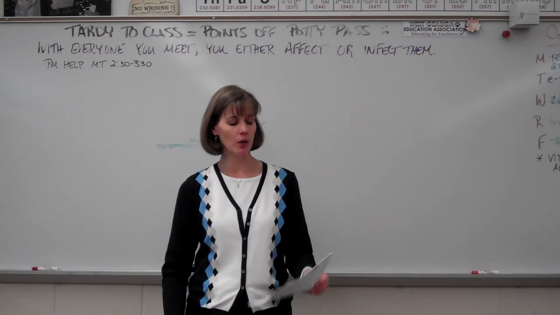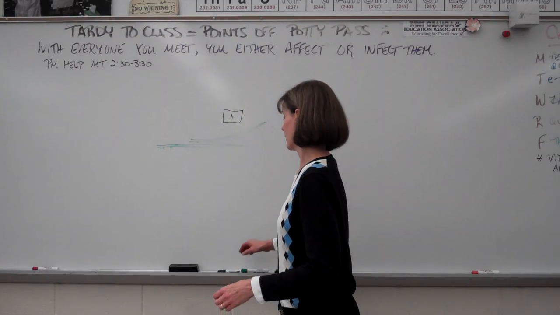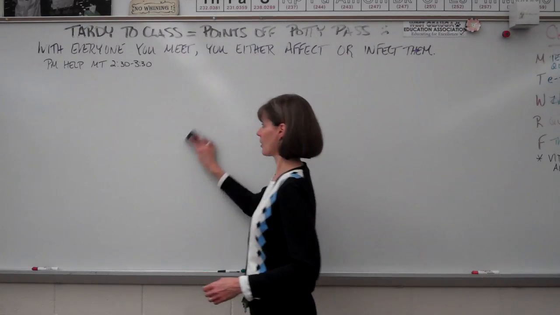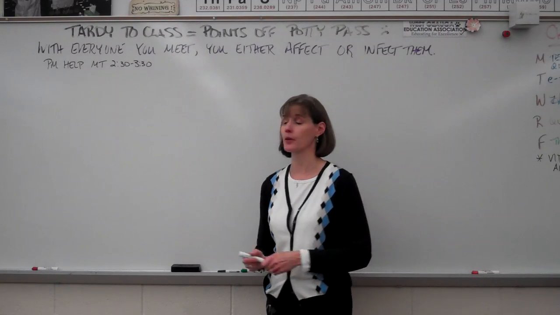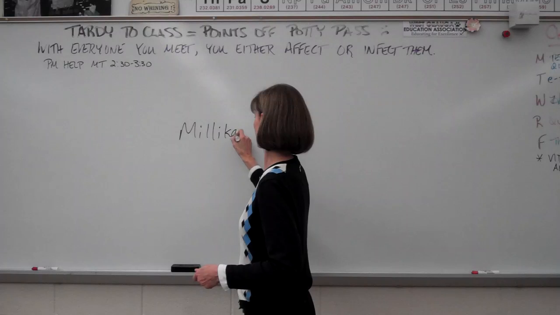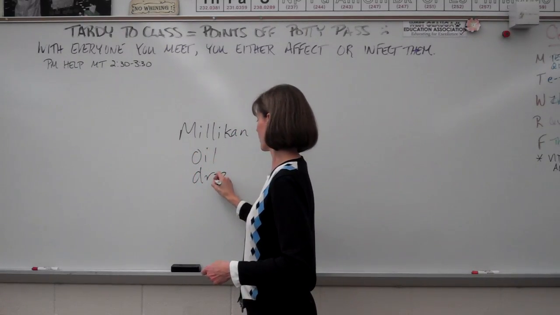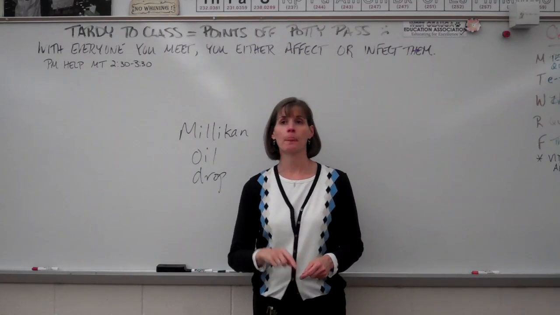Number 10, what was discovered or determined in Millikan's experiment? What did Bobby do? Robert Millikan. The oil drop experiment. Okay, so Millikan was oil drop. And there's another nice animation or diagram of that on Moodle as well.